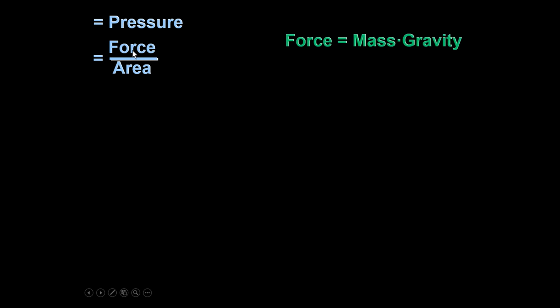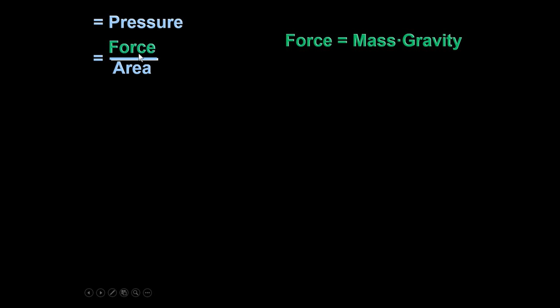All right, but let's see if we can develop an equation that relates those variables. Pressure was just force over area. Let's get a little more detail on what force is. Newton's second law says it's mass times gravity. If you take kilograms multiplied by meters per second squared, that tells you how many newtons of force there are.